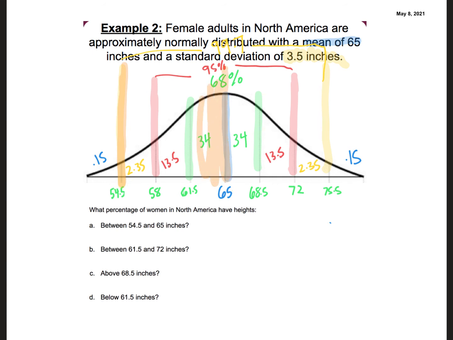So we're going to add up these numbers here, 34 plus 13.5 plus 2.35, and that'll give us our answer. Let me get my calculator out. 34 plus 13.5 plus 2.35 gives me 49.85.